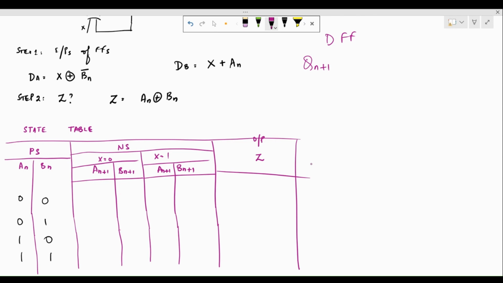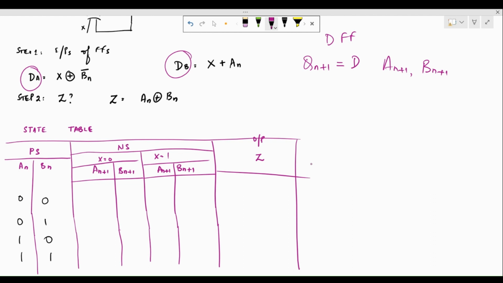For the D flip-flop, the characteristic equation is Qn plus 1 equals D. So if we are able to obtain the values for DA and DB for the different values of An and Bn, then it is as good as obtaining the values of An plus 1 and Bn plus 1 respectively. So let's go ahead and do that.